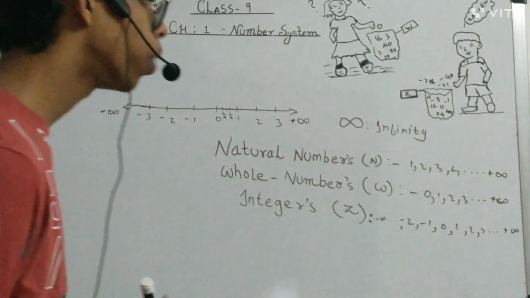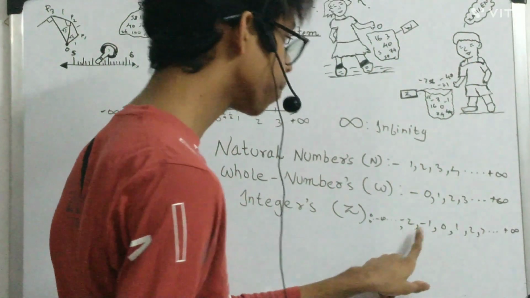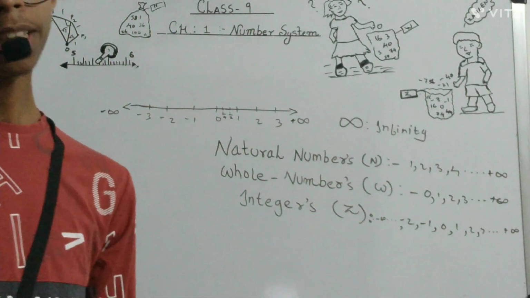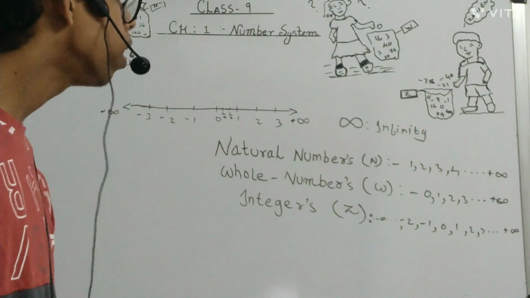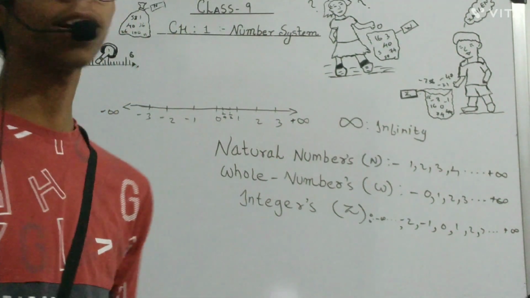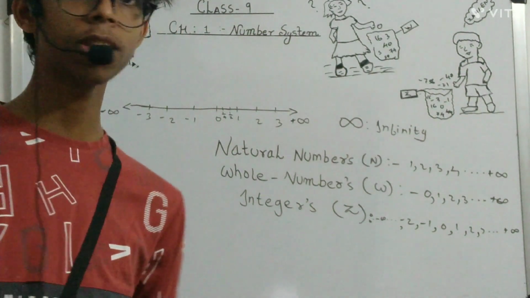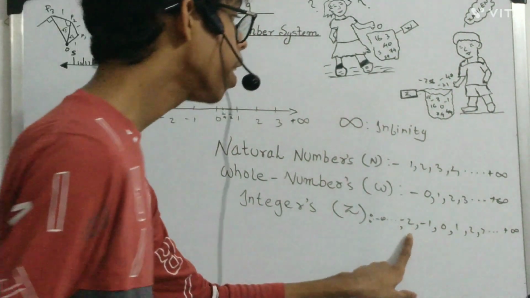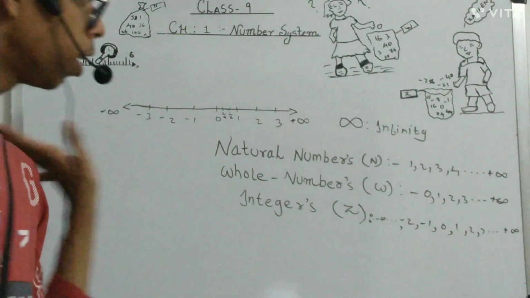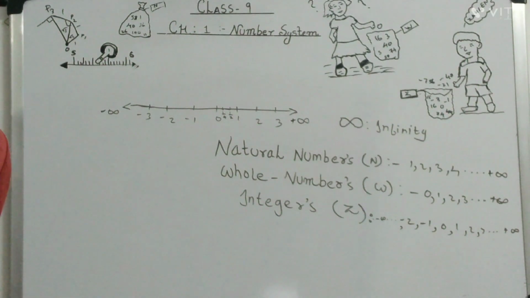So you should know that integers are those numbers which consist of the negative numbers, 0 and also the positive numbers. One thing you should remember is that here also we are not including decimal numbers or fractions. Integers are also non-decimal numbers containing negative numbers, 0 and positive numbers up till infinity. I hope that is clear.